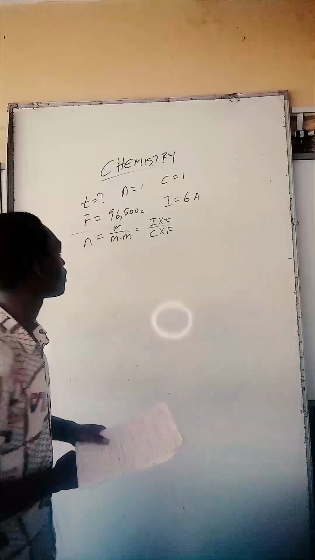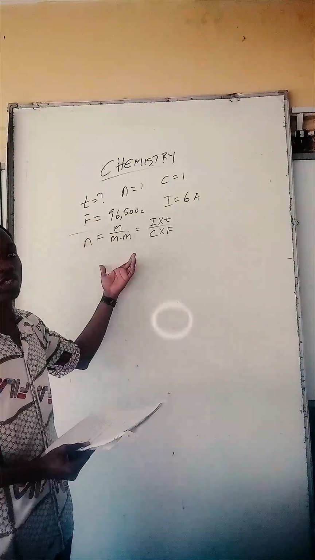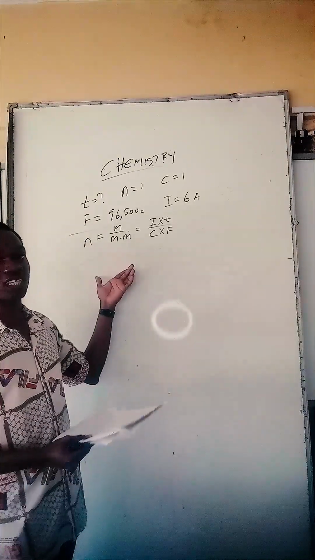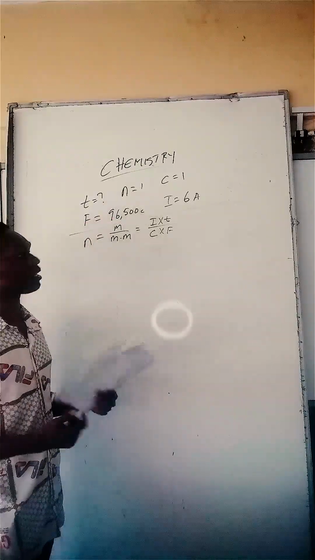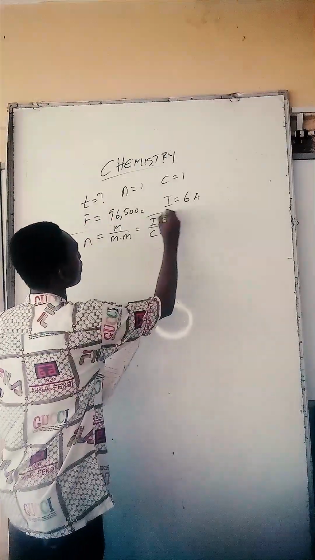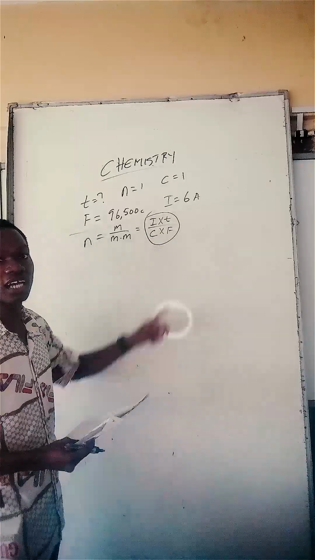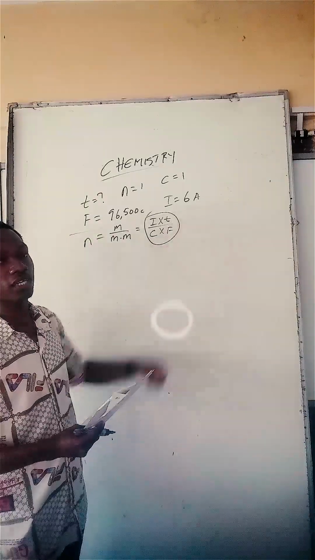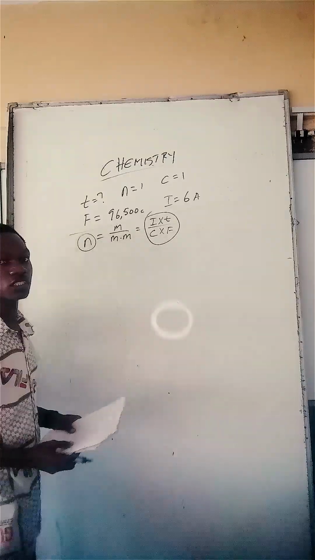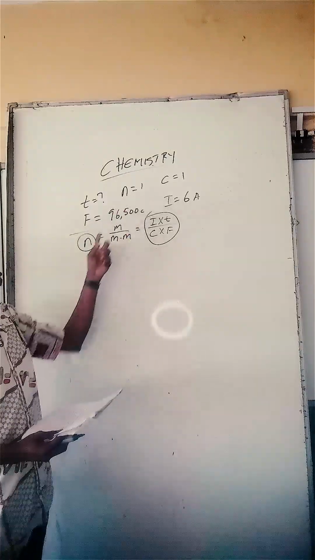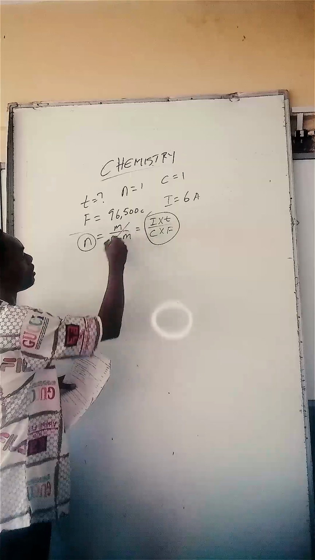So this is the formula. But in this formula, we are going to be making use of just one. There are 3 formulas here, depending on what was given to us. Since we are asked to find time, definitely we are going to make use of the formula that has T, the time that we are looking for. And also, we are given number of mole, which is N, so we won't use the mass formula.